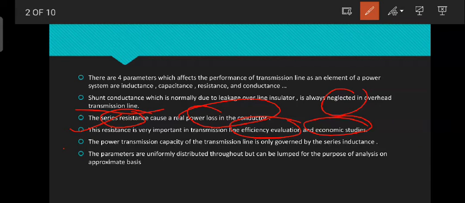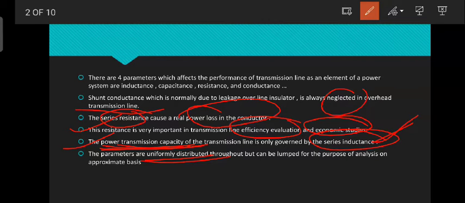The power transmission capacity of the transmission line is governed only by the series inductance, and the parameters are uniformly distributed.